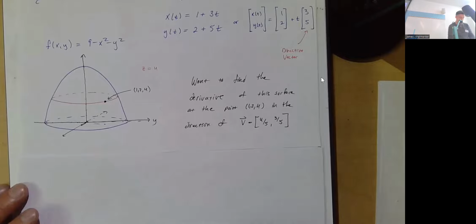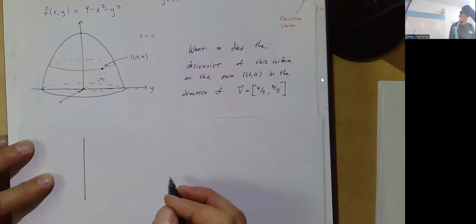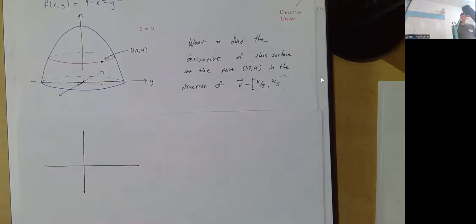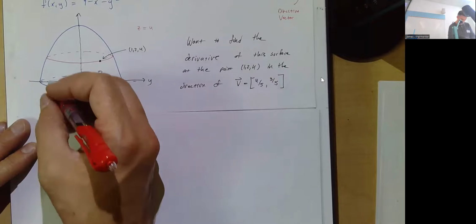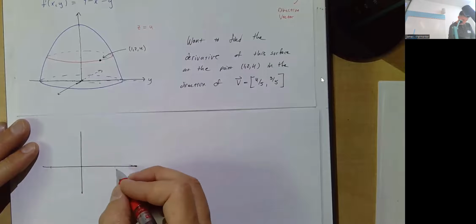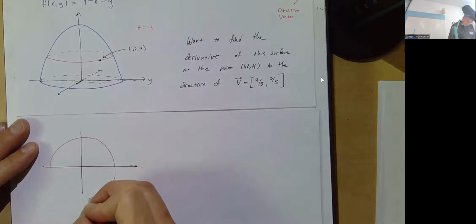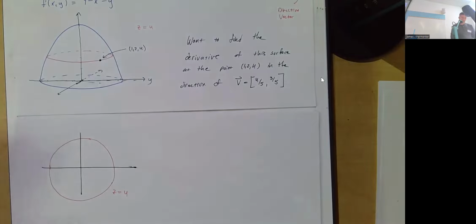So let's draw another picture here, that you can see maybe. I'm just going to draw the level curve. So I'm going to take that same circle. Can I draw a circle? Maybe. That's all right. So here's a height of z equal to 4.